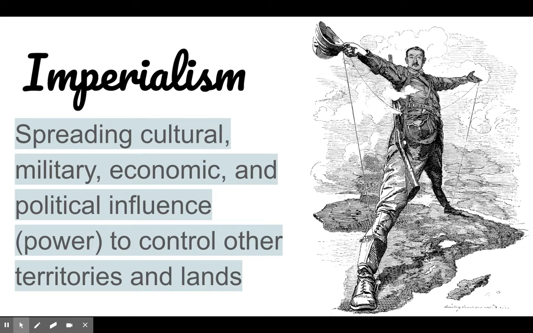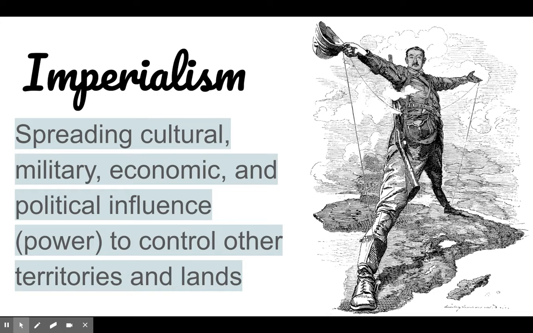Okay. This says imperialism is the spreading of cultural, military, economic, and political influence to control other territories or lands. Cultural means, and you'll get some more specific examples in the next slide, the way that we think, we want other countries to think that way.